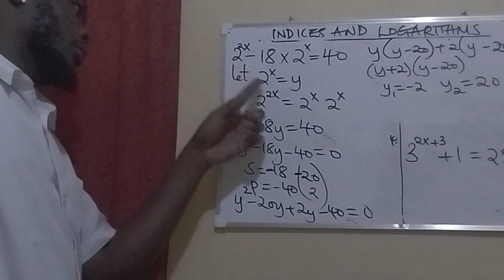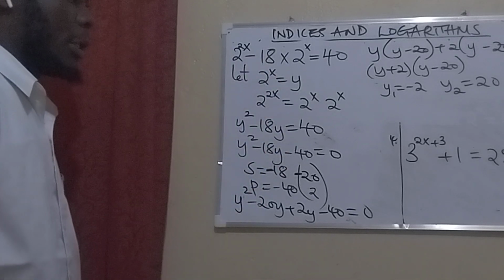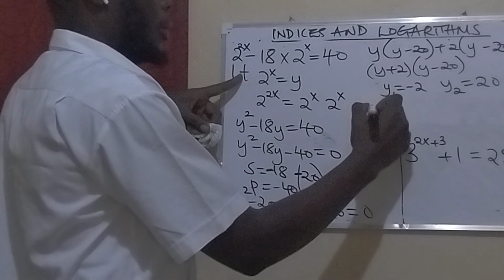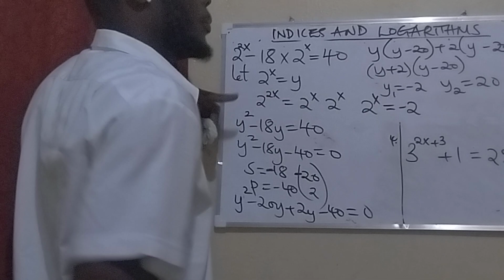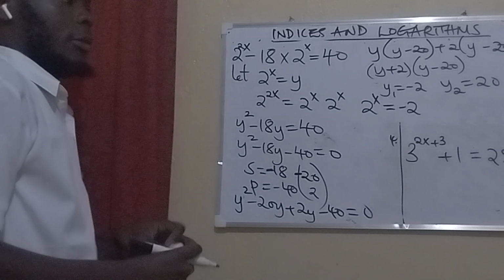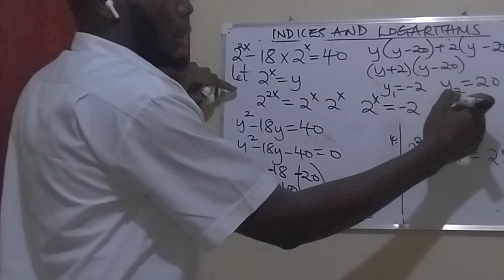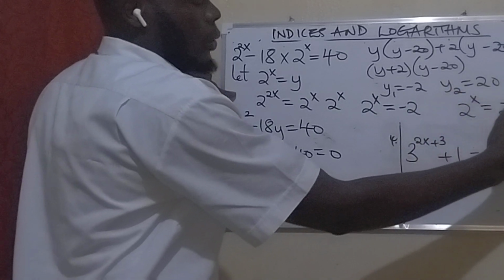But we said let 2 power x is equals to y. So again you have to come and substitute. So it means 2 power x is equal to negative 2. Then the other side we have 2 power x is equals to 20.